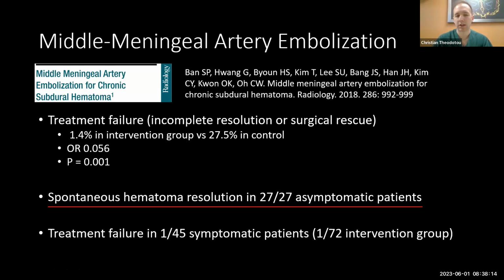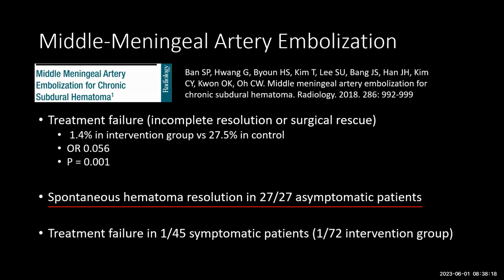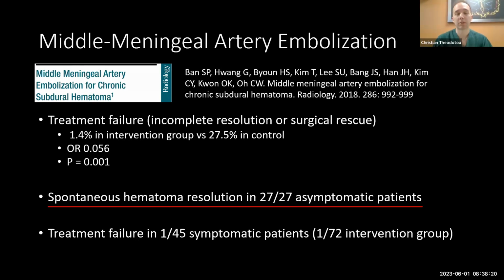I'm not sure, I have to look into that. I didn't see ones where they did MMA embolization first and then did craniotomies, because these people were in extremis, and the people who would fall under treatment failure, that's how they were measuring treatment failure in a lot of cases. So I'd have to look at the timing.